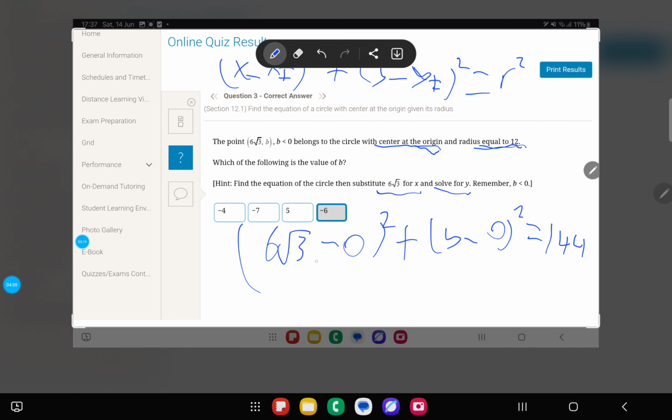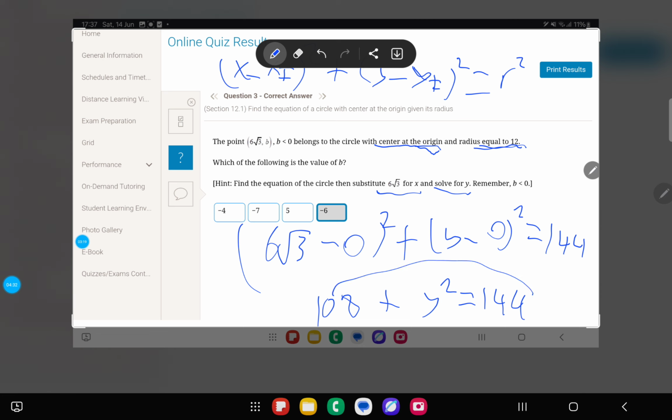Now just solve. 6 radical 3 minus 0 is 6 radical 3, and 6 radical 3 squared is 108, plus y squared equals 144.